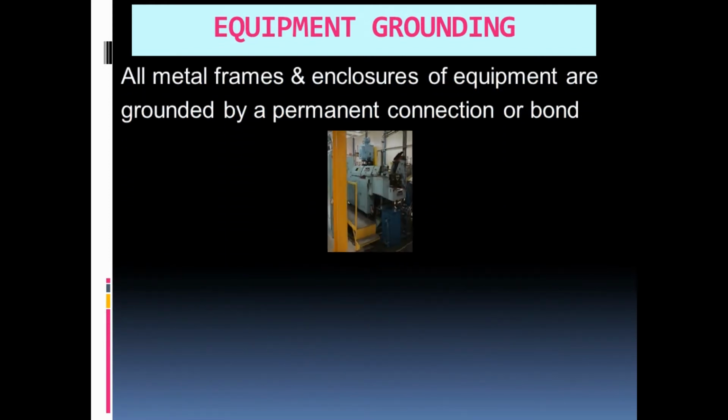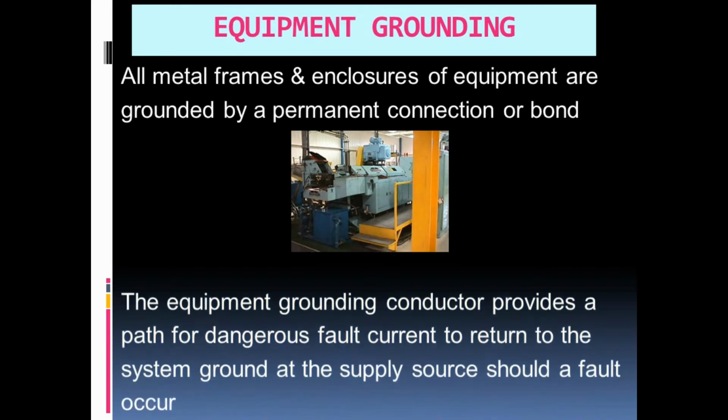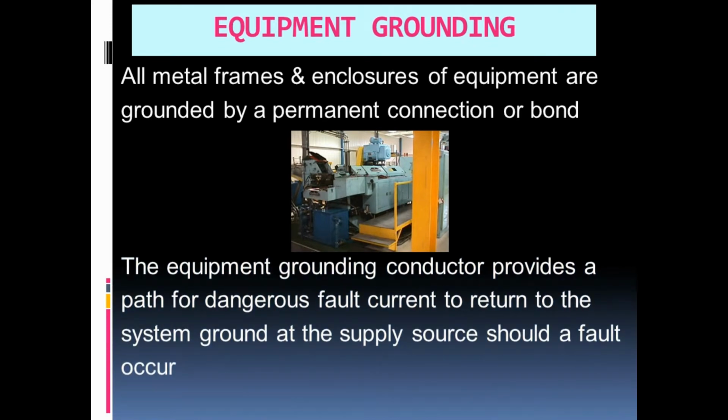All metal frames and enclosures of equipment are grounded by a permanent connection or bond. The equipment grounding conductor provides a path for dangerous fault current to return to the system ground at the supply source should a fault occur.